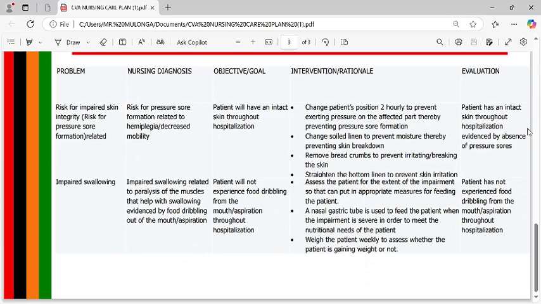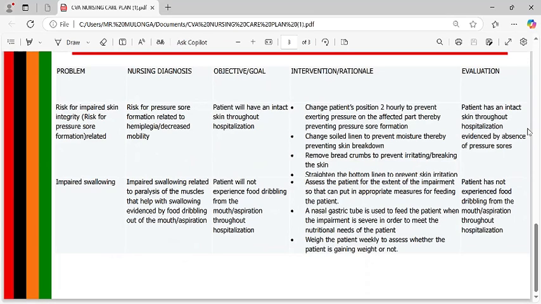From there, our next point will be: I will change soiled linen to prevent moisture, thereby preventing skin breakdown.